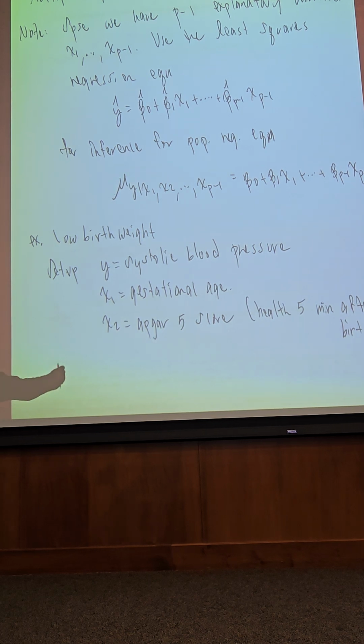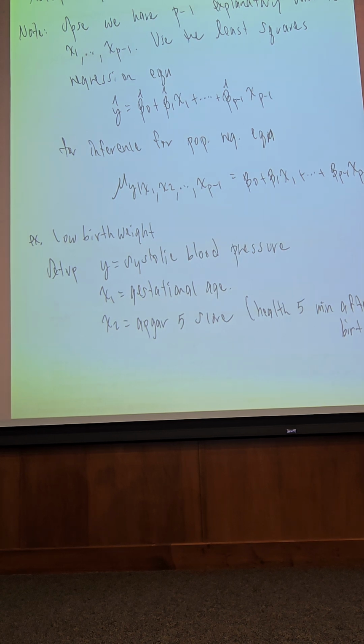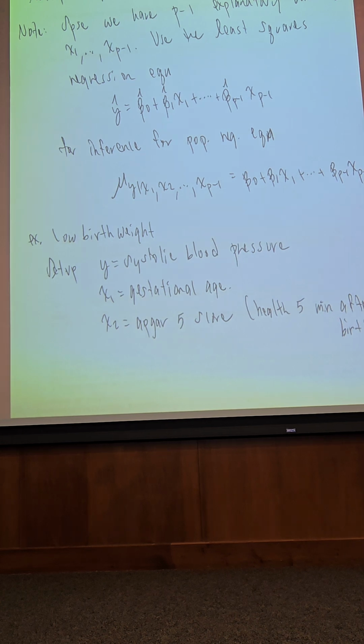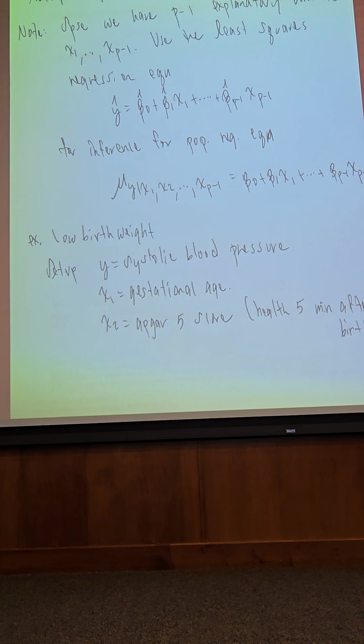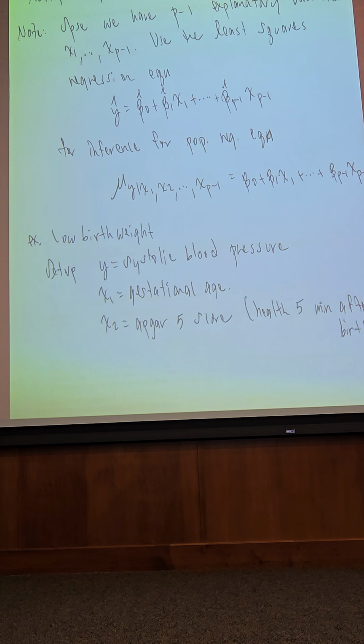From what I understand, it's a score between 0 and 10. 0 means the child is really struggling to stay alive after birth, the health is very poor. An Apgar 5 score of 10 would mean the kid comes out of the womb ready to play hockey or something. He's really healthy, so it's a measure of the health of the baby.